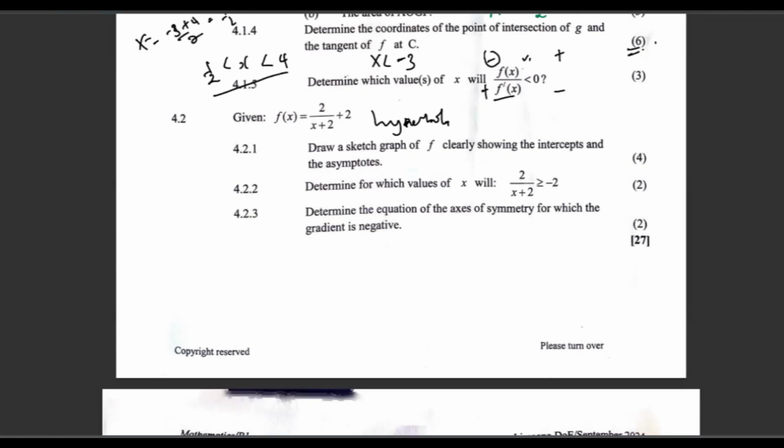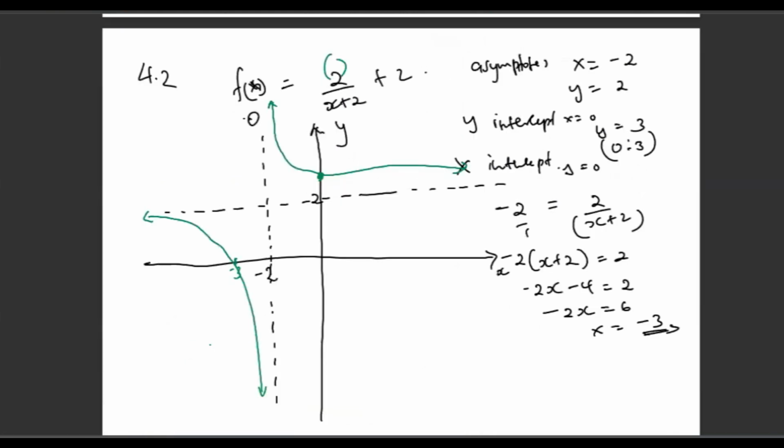Then, for which values of x will this be greater than -2? Let's rephrase this and form the equation we had. That would be more like 2 over x plus 2 is greater than or equal to 0. So for which values of x would the hyperbola be greater than or equal to 0?